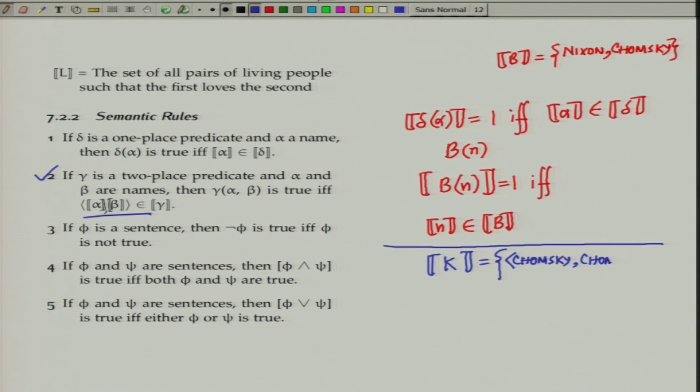So, we write this, and at the same time Richard Nixon knows Chomsky, and say Michelle, is the spelling right?